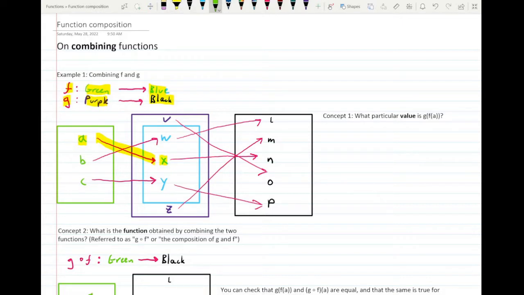Now, the first concept in function composition is what happens if you take the g flight after that, right? What is, in mathematical terms, g of f of a? Well, we just saw that f of a equals x, right? The a flight led us to x.